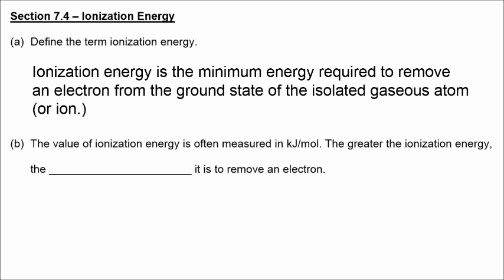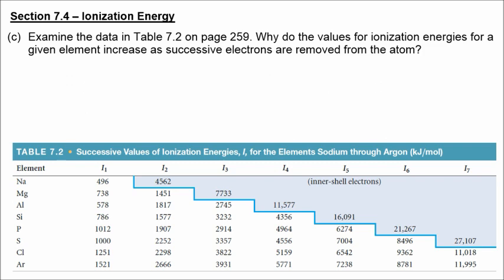The greater the ionization energy is, the more difficult it is to remove an electron.